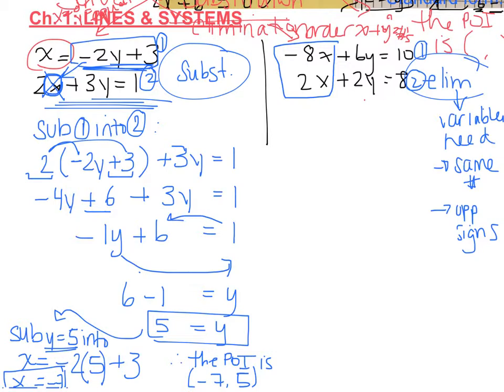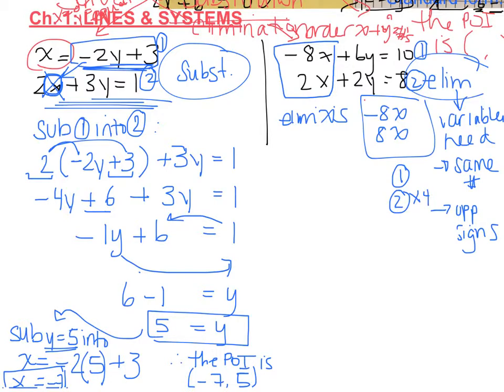So if I choose to eliminate the x's, I'm going to make it negative 8x and positive 8x. That's what I want to get to. The way I'm going to do that is by multiplying equation 2 by 4. How come by 4? Well, because this 2 times 4 would give me 8.